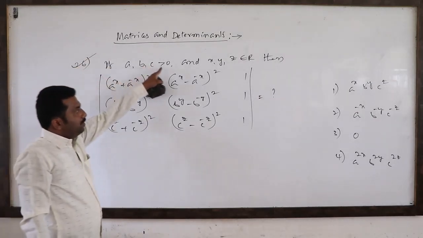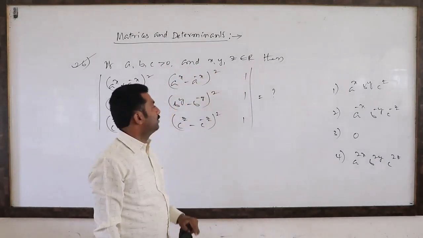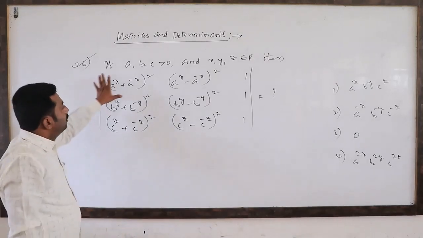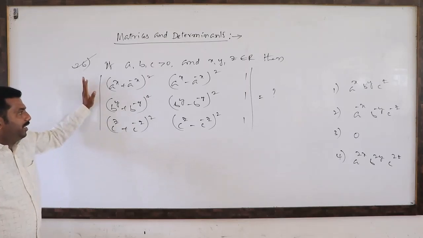A, B, C are positive, X, Y, Z belong to real numbers. So they are asking the value of this determinant. If you expand directly, that is a lengthy process.